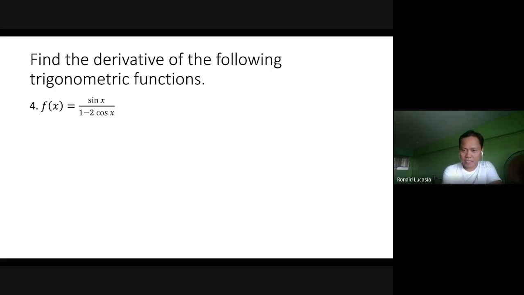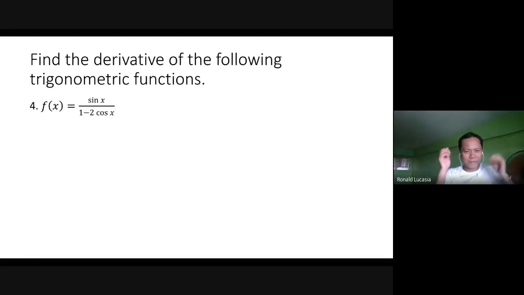Cosine x from 1 minus 2 cosine squared. Okay, cosine. May nakita kong dalawang tama. Pero sa mga nagsasagot pa, you can continue your solution. Tingnan natin kung sino ang tama doon sa mga nag-submit.